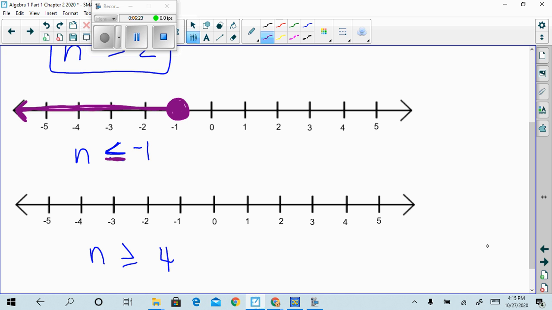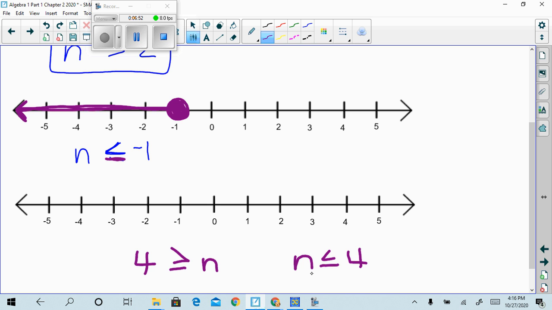I'm going to change up this next one. I'm going to write this expression: 4 is greater than or equal to n. Well, if you recall, when we write an inequality, we should always write our variable first. So if 4 is greater than or equal to n, n must be less than or equal to 4.